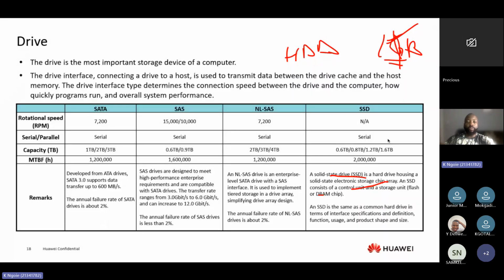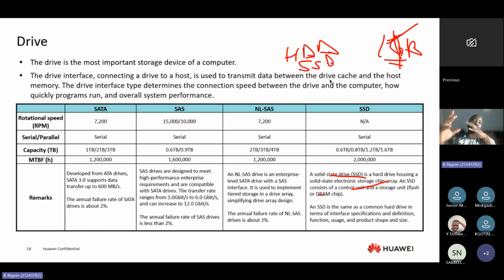Now remember there's a difference between HDD and SSD. Both can be considered drives, but the HDD is basically what you have installed on your computers, like the hard drive that you have, which can be 1 terabyte, 2 terabyte.